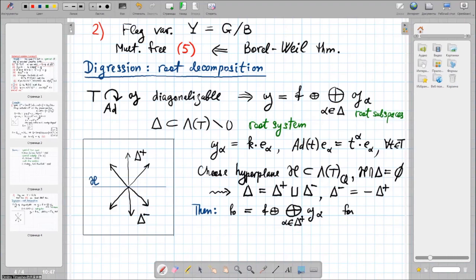So for some H, we can choose H in such a way that my Borel subalgebra is given by this formula.